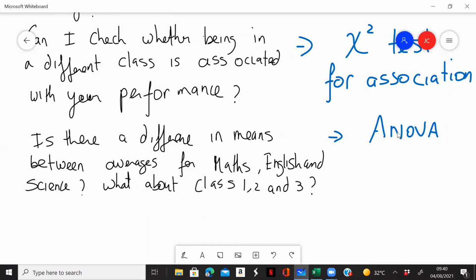So basically, ANOVA is like a t-test for pairs, but you're doing it when you have more than two for comparison.